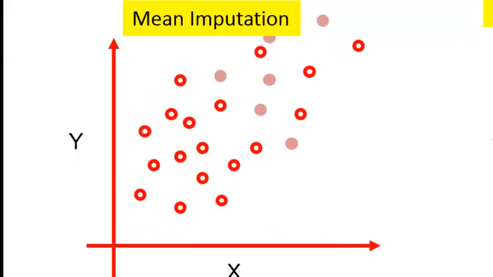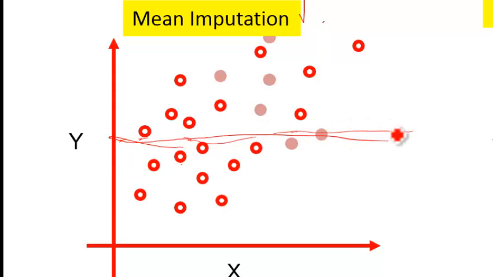There is a method called mean imputation. In mean imputation, you replace these missing values, because you don't know what these values are, with the mean of the observed data. So you compute the mean of these observed y, and then replace the missing with the mean. This is where you expect the means to be. So all missing data you replace with the mean of y.